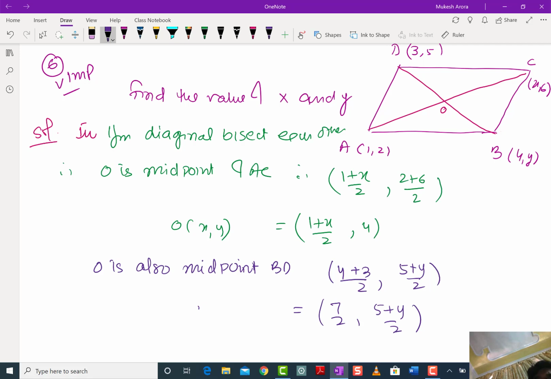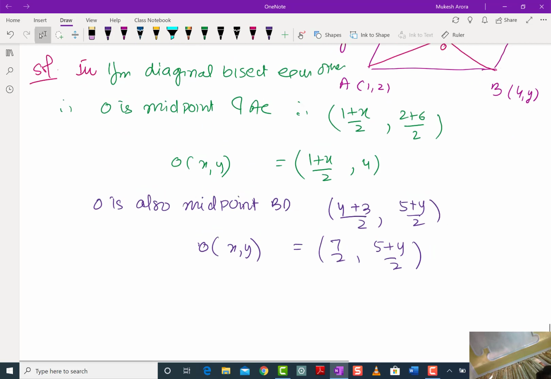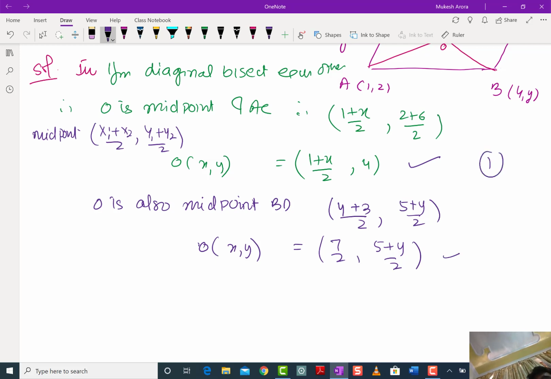This is again the coordinate of O. So for both coordinates, we have used the midpoint formula. Midpoint formula is x1 plus x2 by 2, y1 plus y2 by 2. So now these both will be equal to each other.